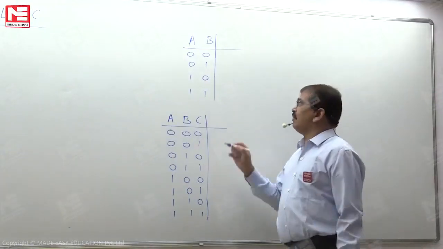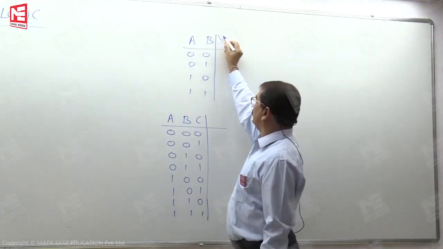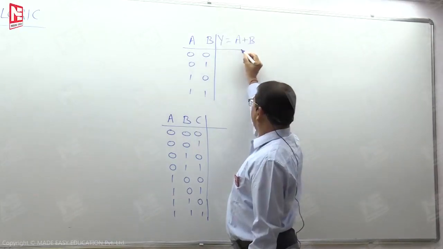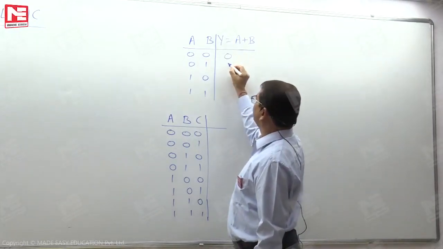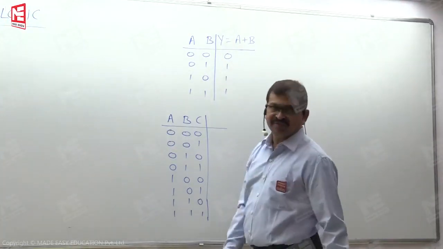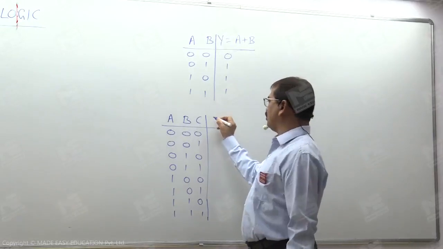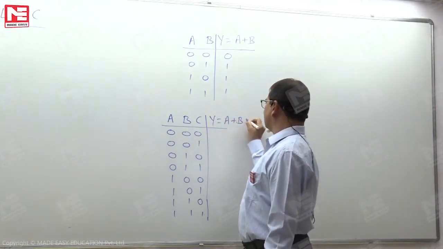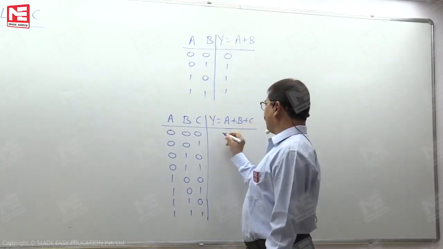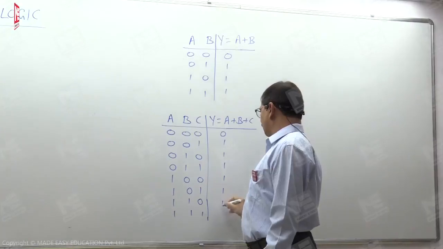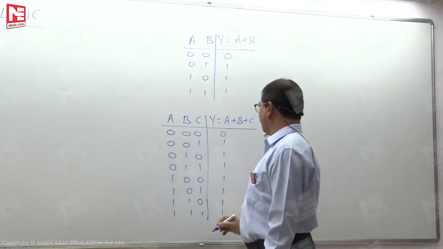While having OR operation on these 2 variables, the result for the first row is 0, and for the remaining rows it is 1. Similarly, while having OR operation on these 3 Boolean variables, other than the first row, for the remaining rows the result is 1.